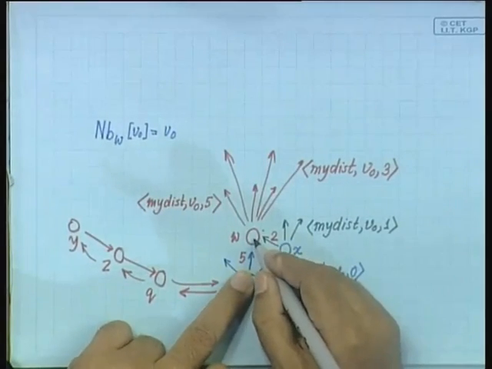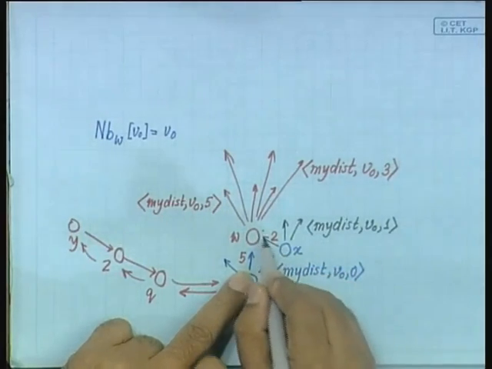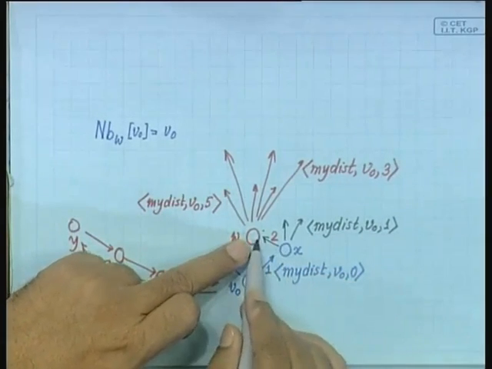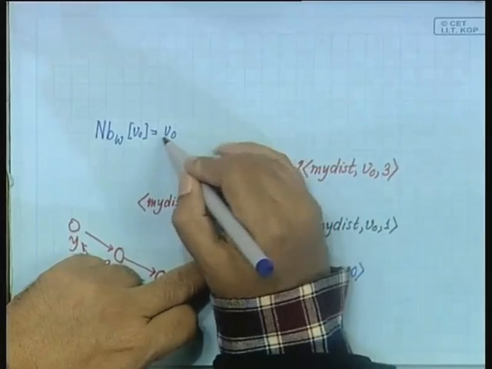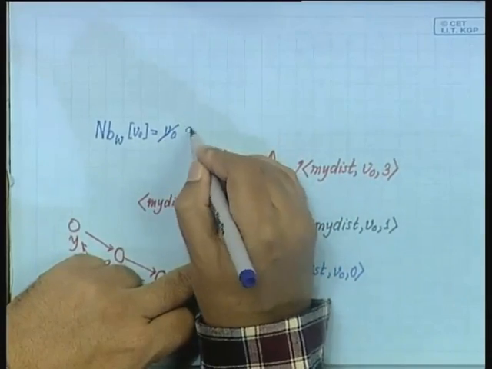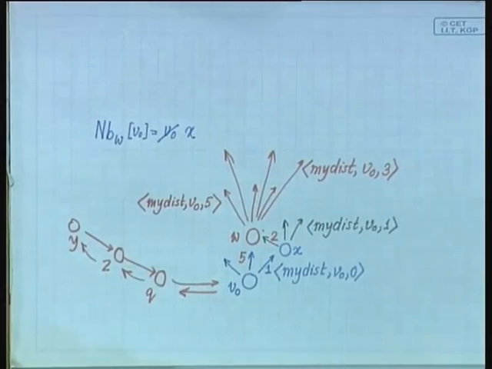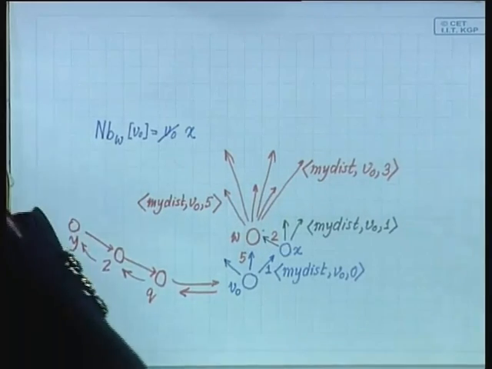But then when it revised the cost by getting the message from x, what should this become? This will become x, right. So, at every point of time the node maintains not only the shortest distance to V0, but also the neighbor along the shortest path to V0. Is that clear? So, now let me show the code of this algorithm.